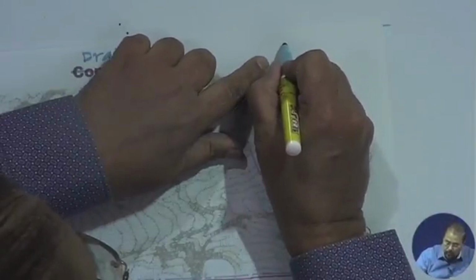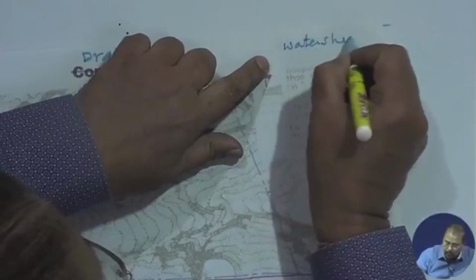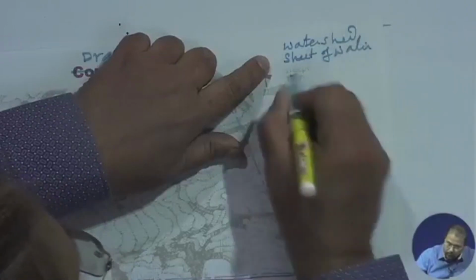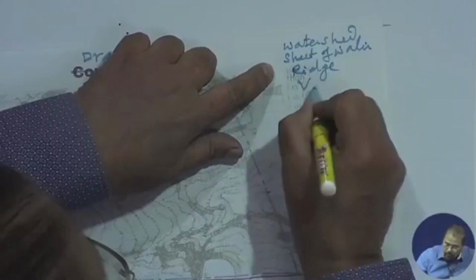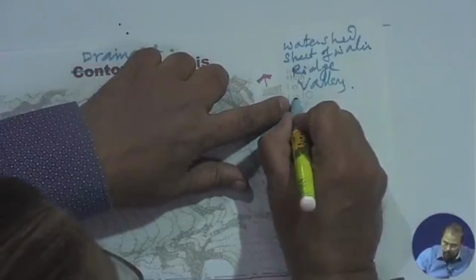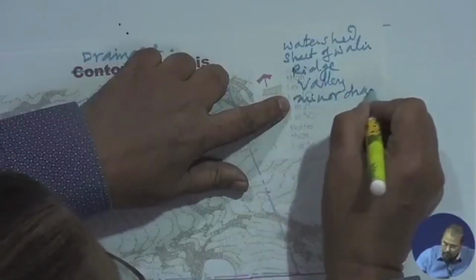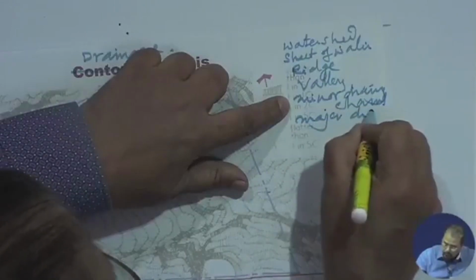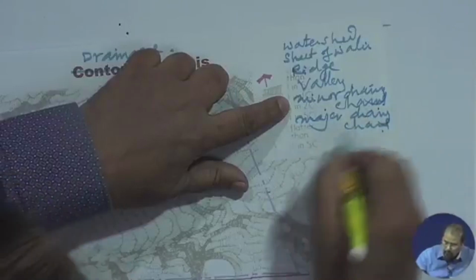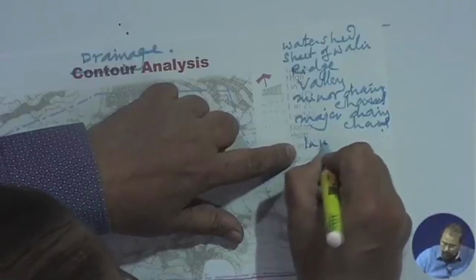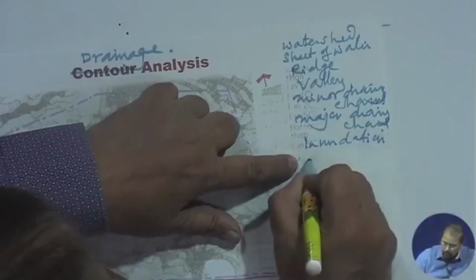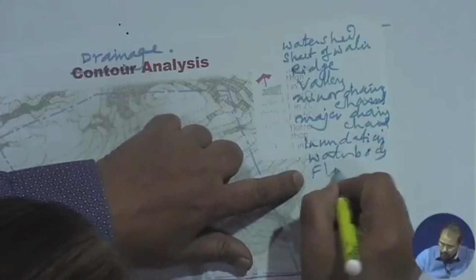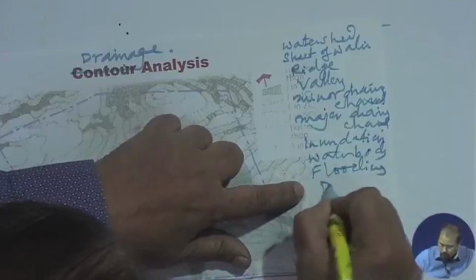One is the watershed and sheet of water, the ridge, valley, minor drainage channel, major drainage channel, area susceptible to inundation, any water body, area susceptible to flooding, discharge points.